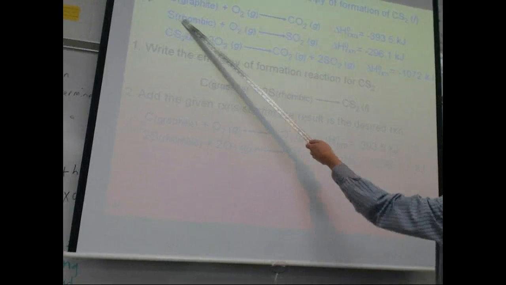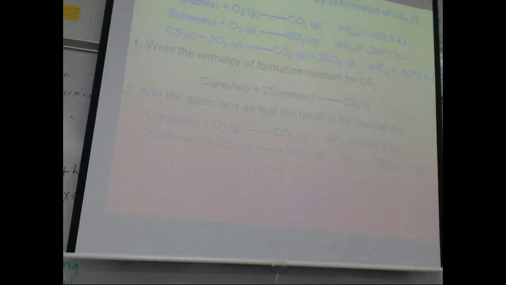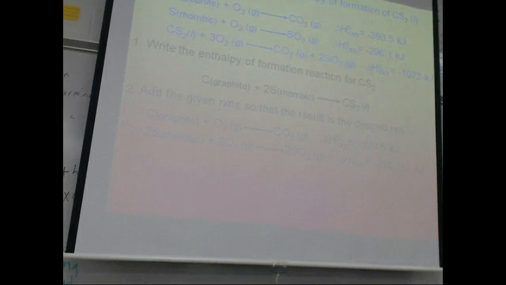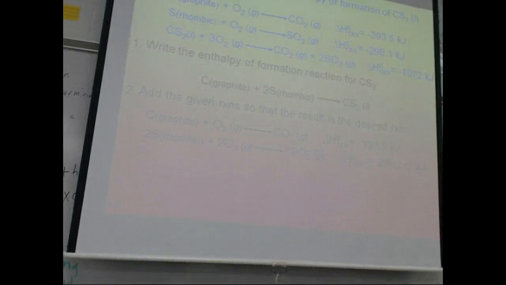This only had 1. So I'm going to double it, which means I'm going to double my delta H. Yes. It has to match. If it doesn't match, then it doesn't work because the enthalpy of formations are different.